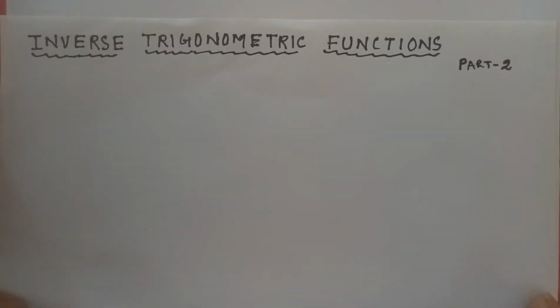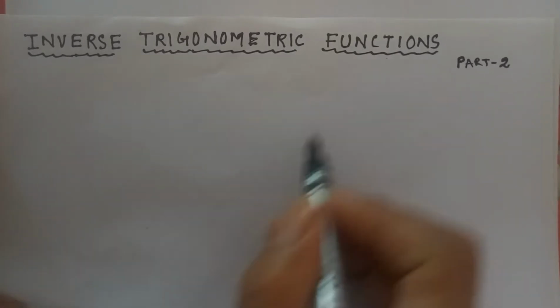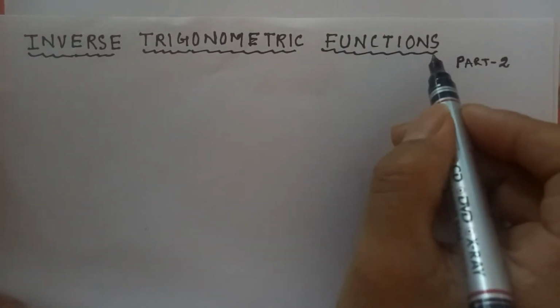You are watching mathematics classes of class 12, that is inverse trigonometric functions part 2. Here we are going to study inverse of trigonometric functions. In part 1 we discussed the basic concept of inverse. Those who have not watched part 1, you can find it from the I button on the top right hand corner.